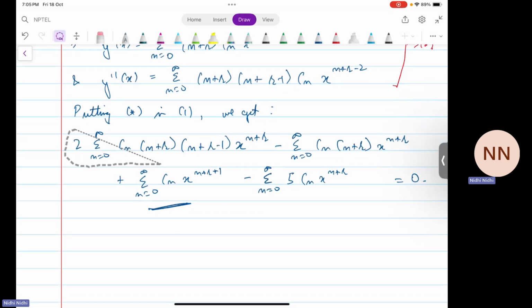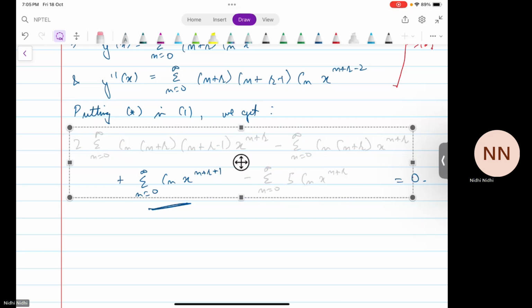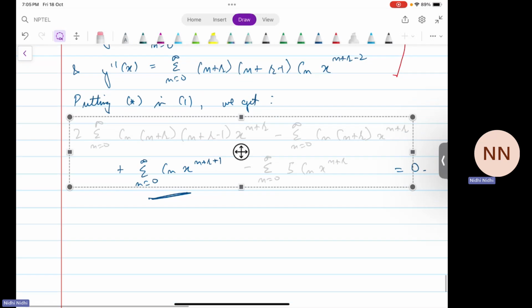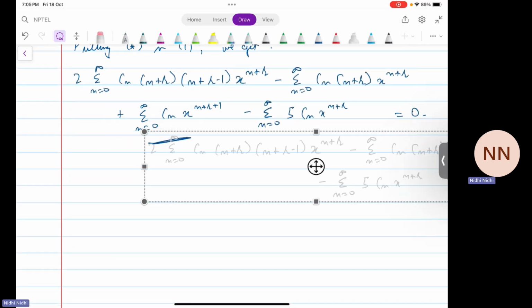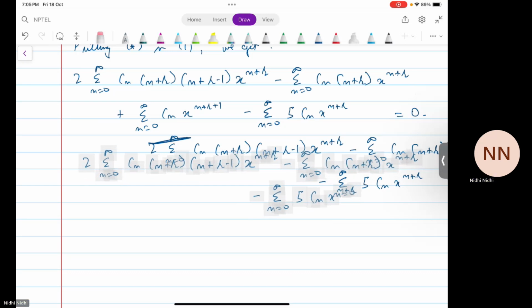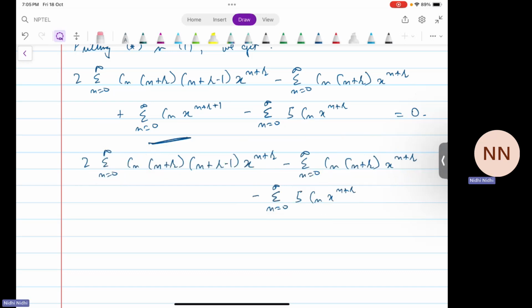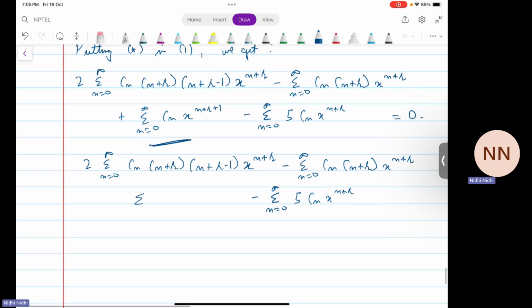So I'll just copy it, paste. And in this series, if I replace n by n plus 1, we'll get summation n from 1 to infinity c_(n plus 1) x to the power n plus r. This is equal to 0.